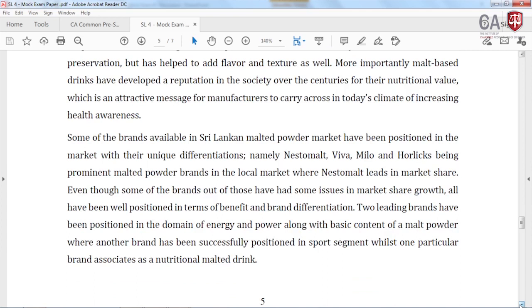So, for a product like malted powder, I don't think a cost strategy will work.